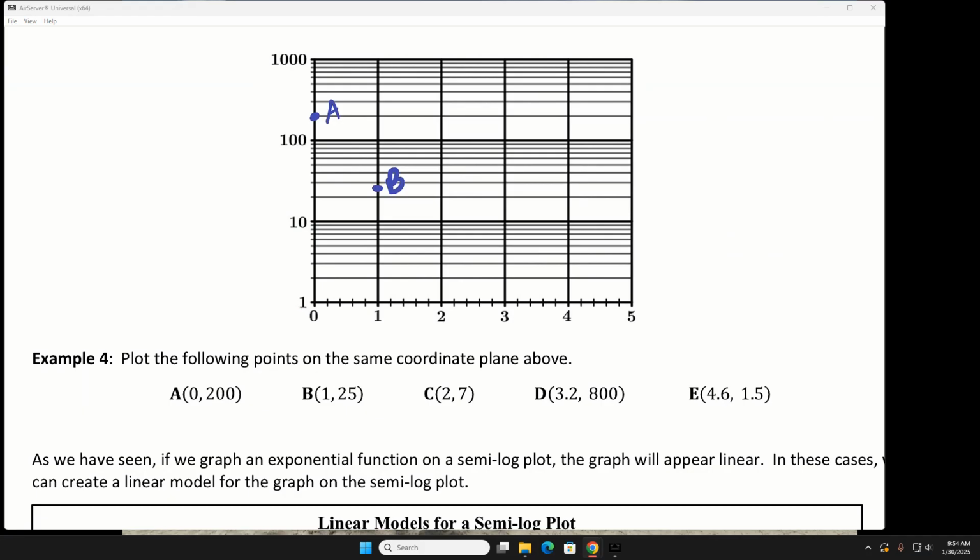All right, then let's look at 2, 7. That's not going to be hard because we can actually count to 7. I'm having a hard time seeing all the lines. There it is.